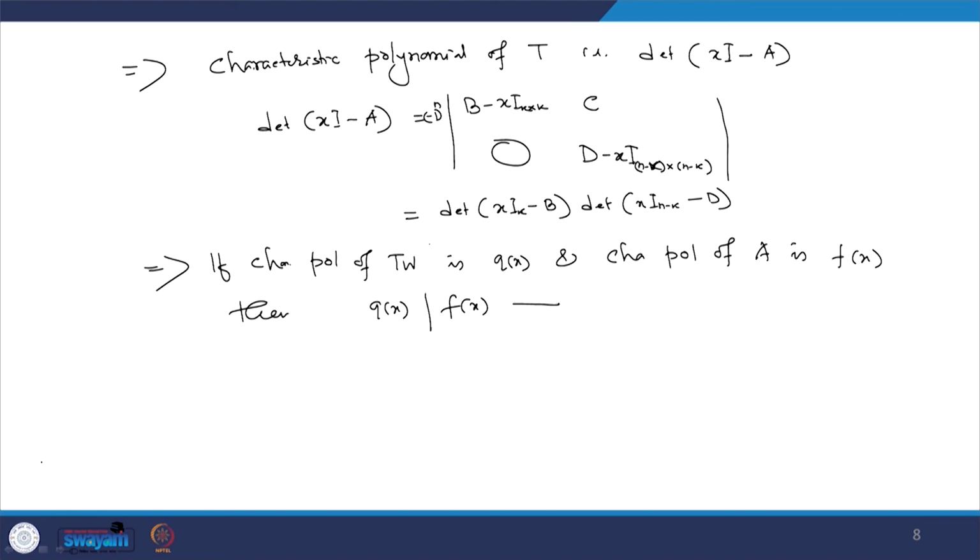Now, what can you say about the minimal polynomial of T w and the minimal polynomial of A? Is there any relation between these two minimal polynomials?